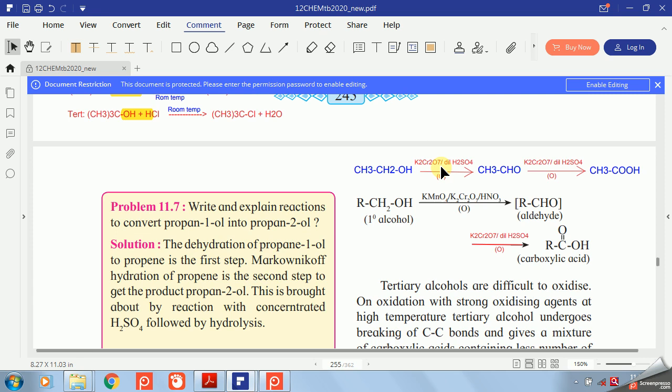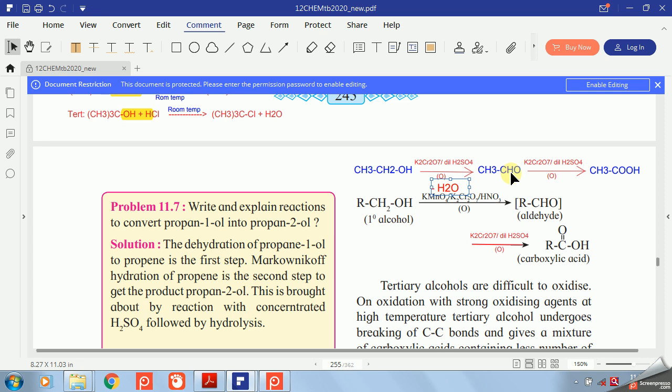So here we use K2Cr2O7 in presence of dilute H2SO4 that generates the oxygen that reacts with the 2 hydrogens from carbon and oxygen, so it removes the water and we get acetaldehyde, and then that acetaldehyde reacts again with K2Cr2O7 in presence of dilute H2SO4.